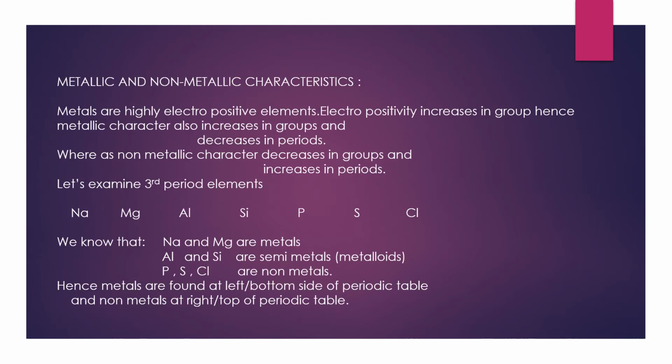The next is metallic and non-metallic character. Metals are highly electropositive elements. Since electropositivity increases in a group, metallic character also increases in a group and decreases in periods, whereas non-metallic character decreases in a group and increases in periods.